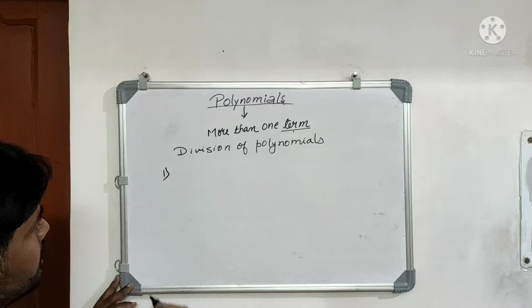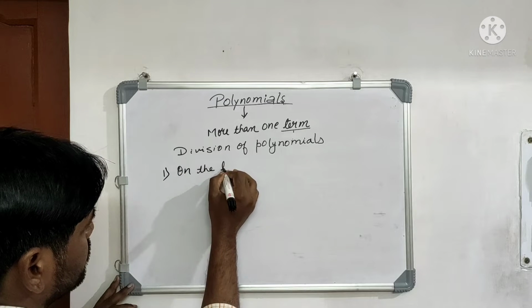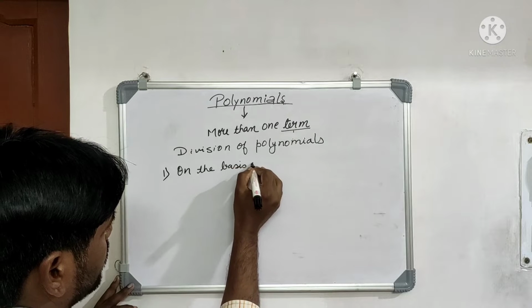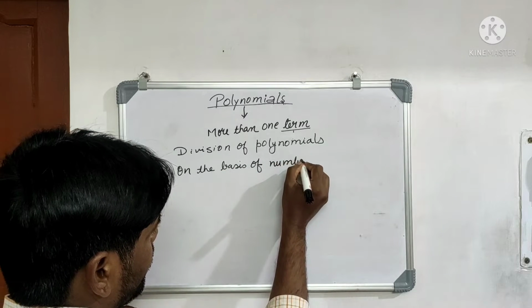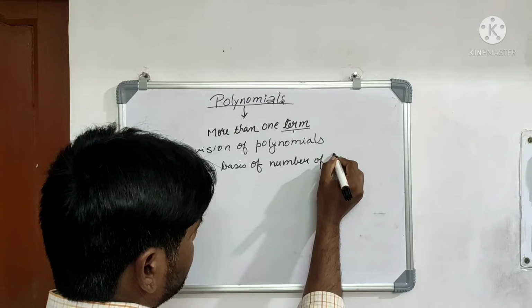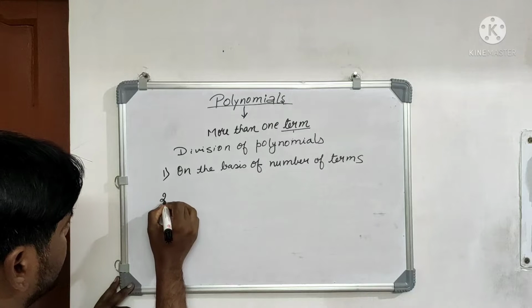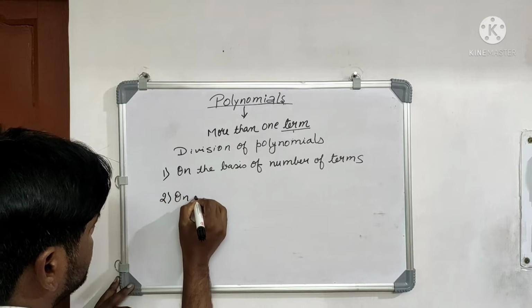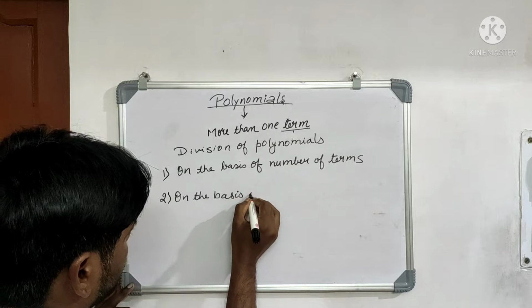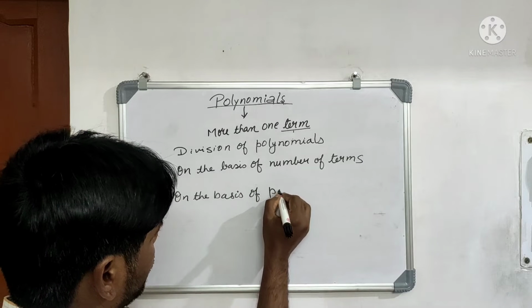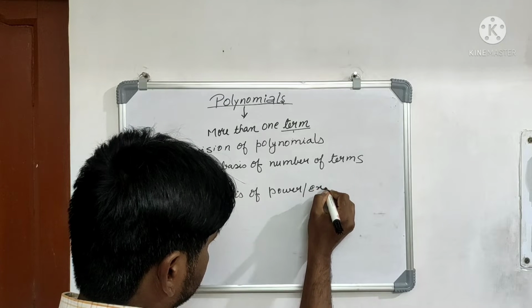The first category of division is on the basis of the number of terms, and the second one is on the basis of the power or the exponent.